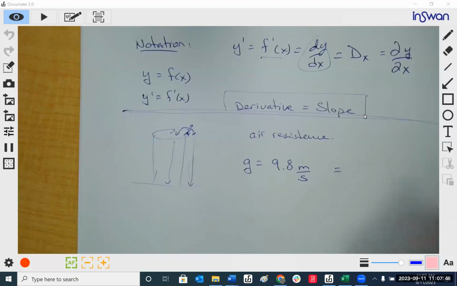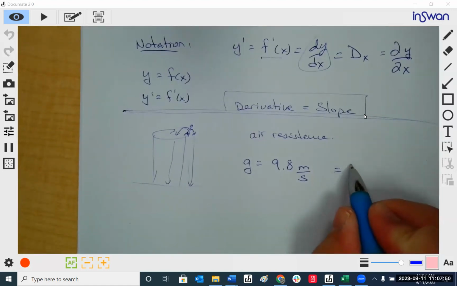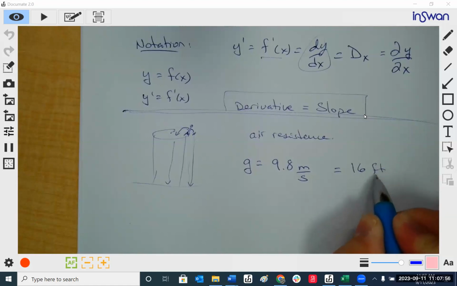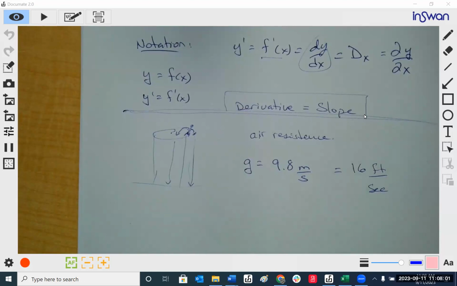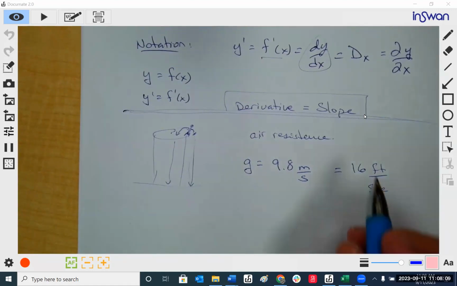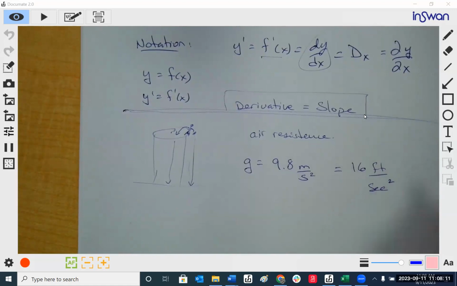What is it in SAE? So that's where we found out it is 15 feet per second squared. Per second.